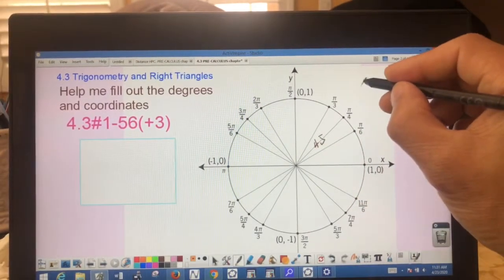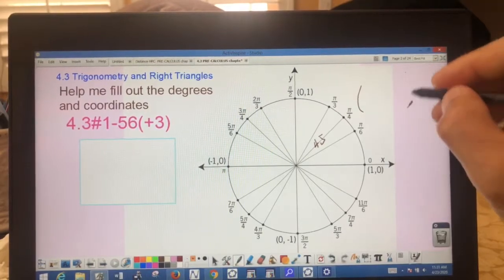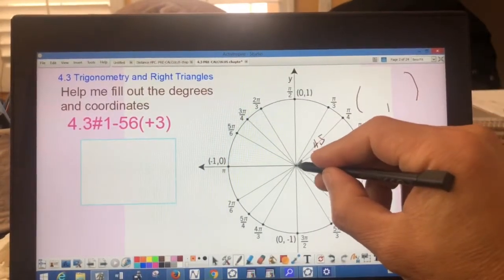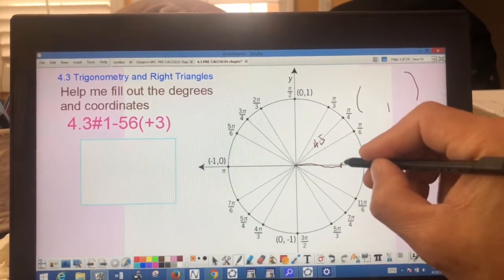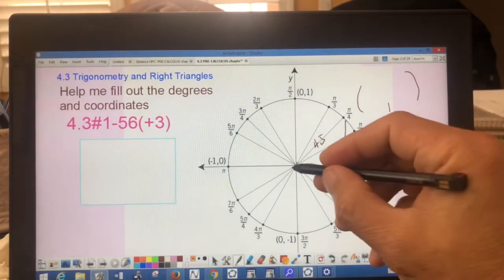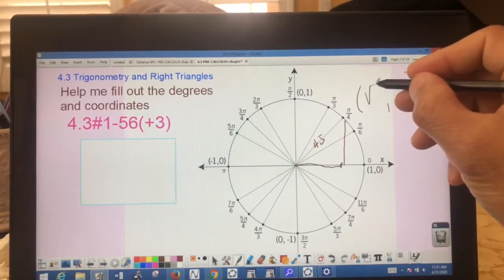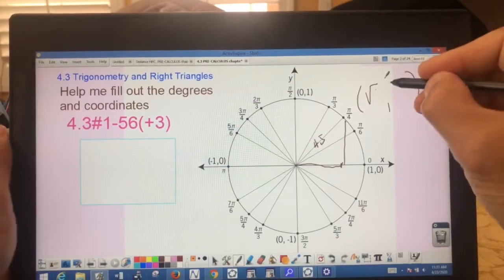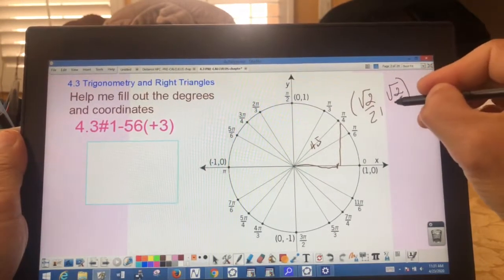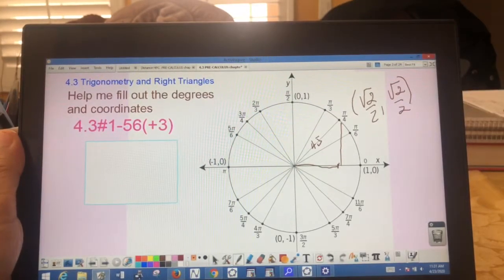Now the width here and the height there are the same, always the same distances. So you have root 2 over 2 here on both sides. Root 2 over 2 and root 2 over 2. And that's how that works.